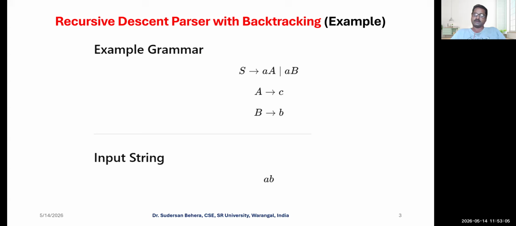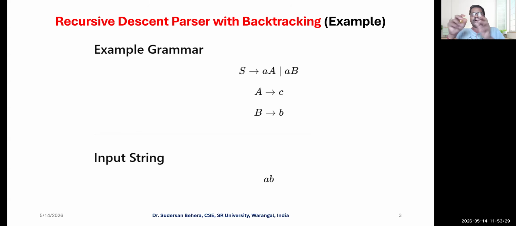The desired string or the target string can be seen, that is AB. So first the parser chose small a followed by capital A, which has gone wrong. Then the parser rolls back and selects small a followed by capital B. And later B is replaced with small b and the target string has been seen.